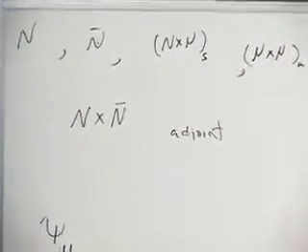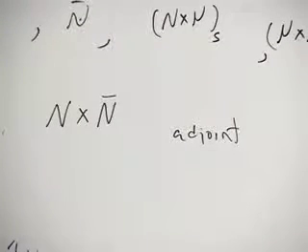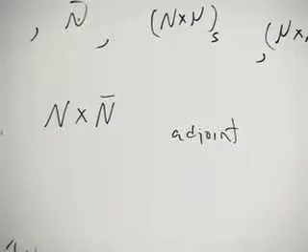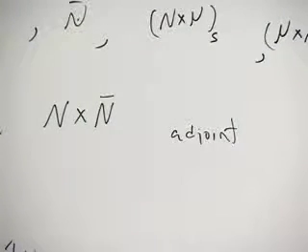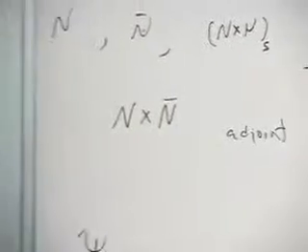The gluon lives in the adjoint representation. The quark, or the antiquark in this case, belongs to the three-dimensional representation of SU3.